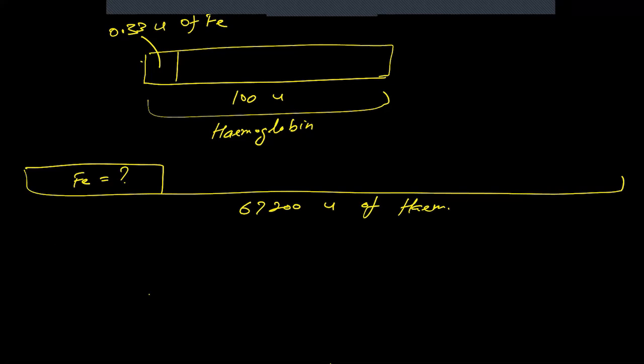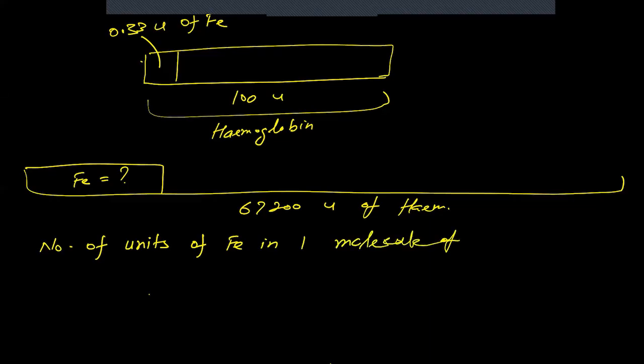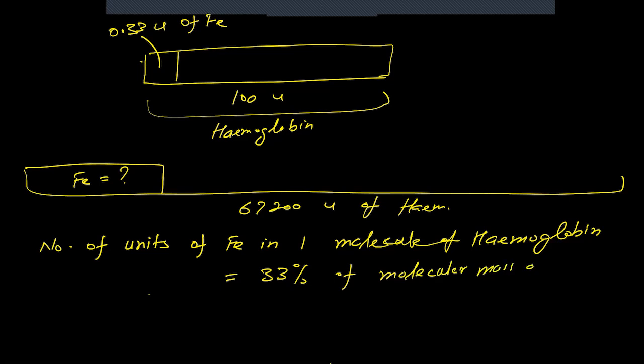So the number of units of iron in one molecule of hemoglobin will be 0.33% of the molecular mass of hemoglobin.